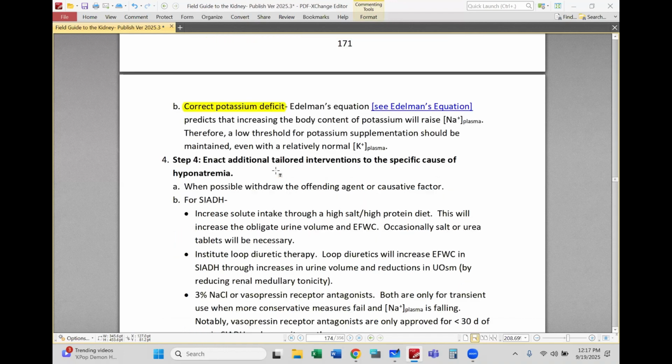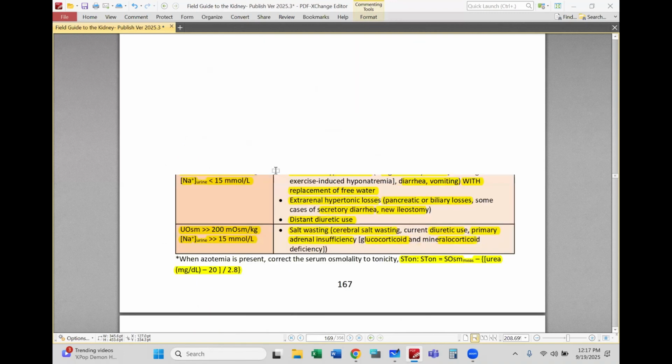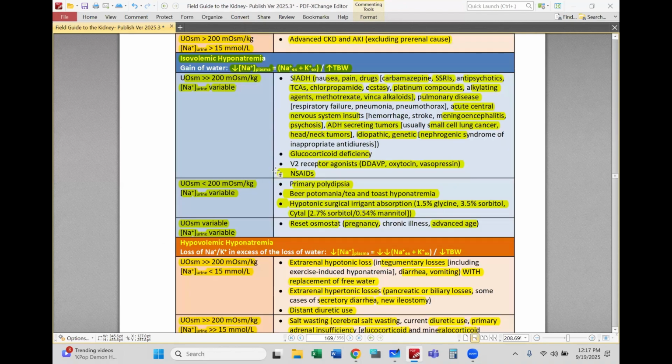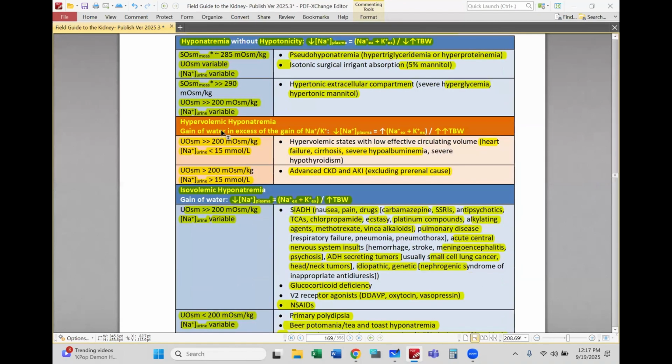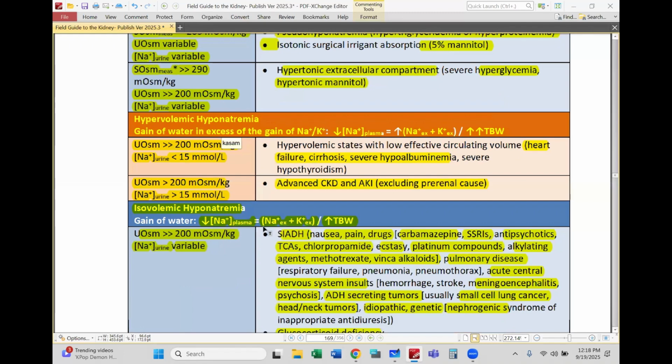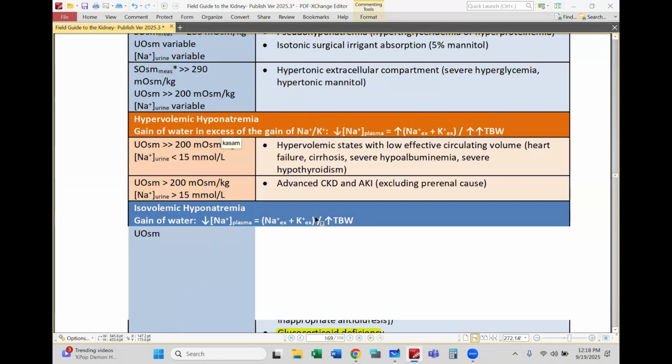Edelman's equation, of course, we've gone over Edelman's ad nauseum. For our visitors, I'll just show this central equation of dysnatremia, where plasma sodium is equal to the sodium content in the body over the water in the body.